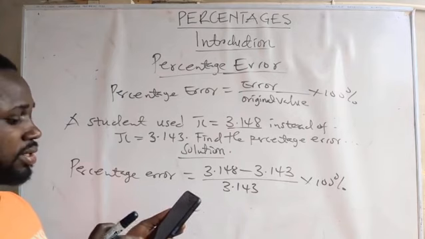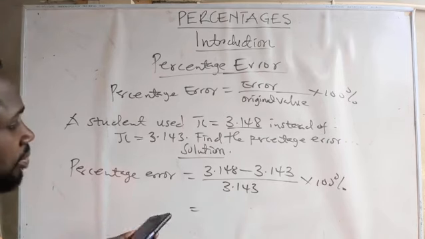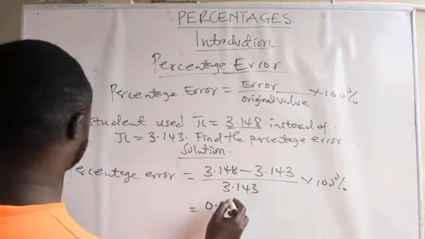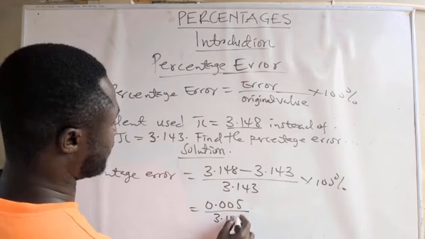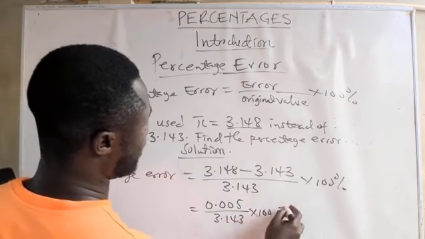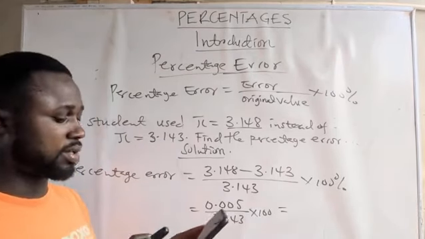So 3.148 minus 3.143 will give us what? 0.005 divided by 3.143 times 100.